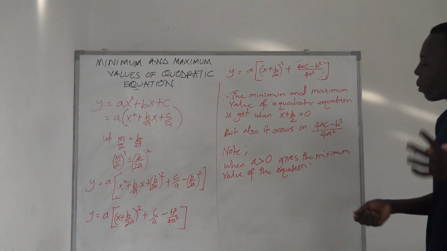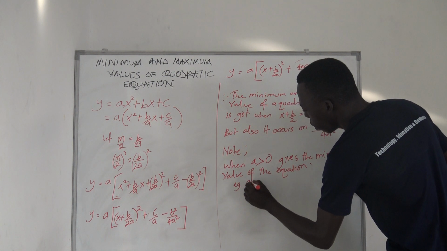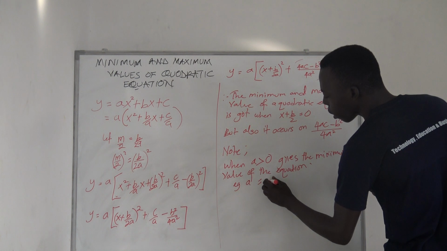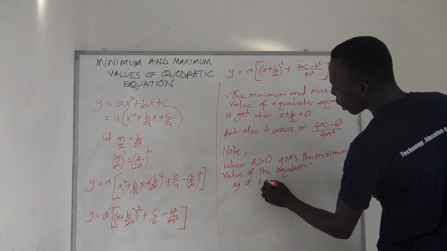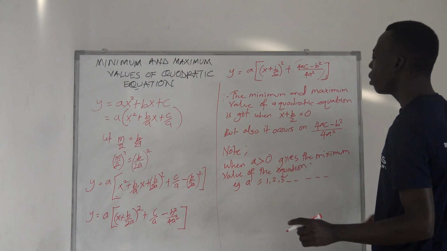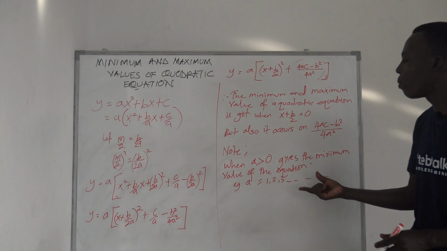Take an example. If the value of a was maybe starting from 1, 2, 3, and so on, these values of a will give us a minimum value of a quadratic equation.